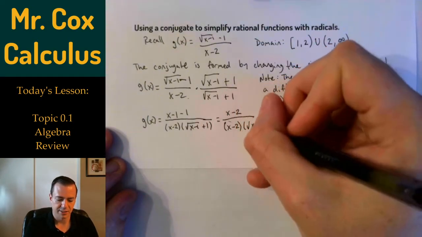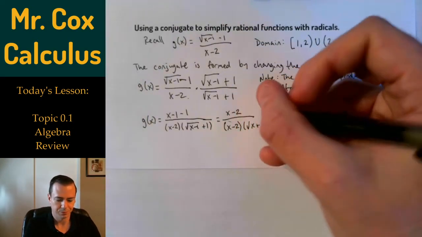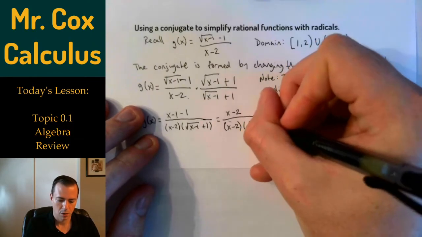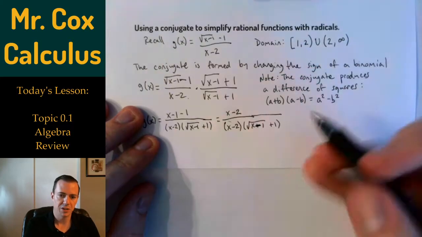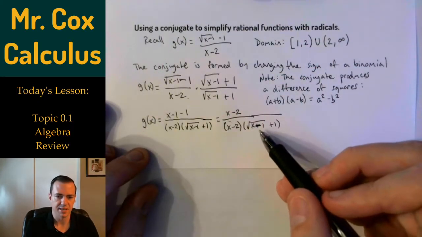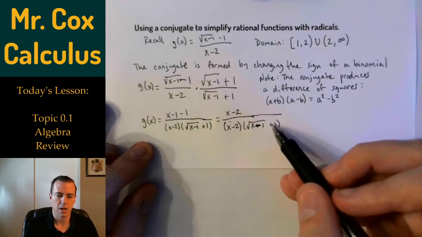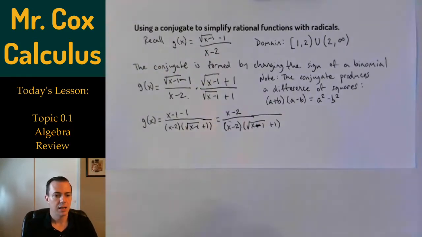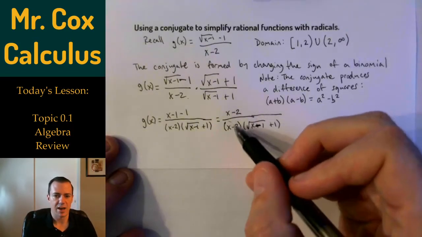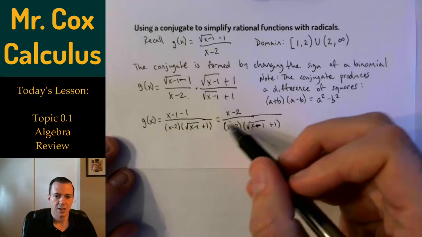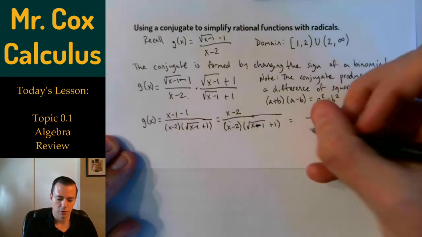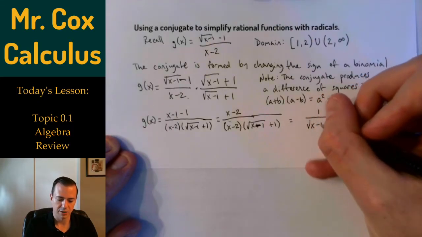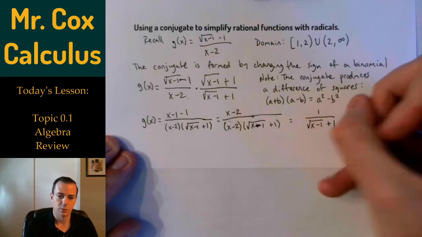Square root of x minus 1, plus 1. So make sure you keep your signs correct here, as that's a minus 1 inside, but a plus 1 outside of it. And now I'm back to this idea where I've got factors that can be divided out. So I can actually rewrite this and say it's 1 over the square root of x minus 1 plus 1.